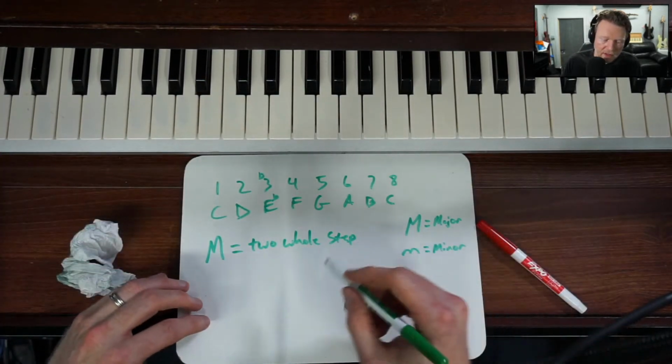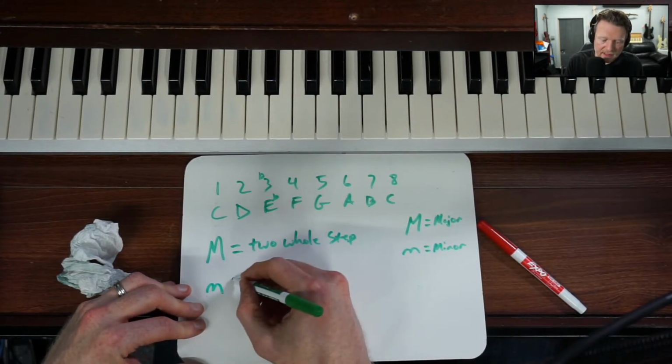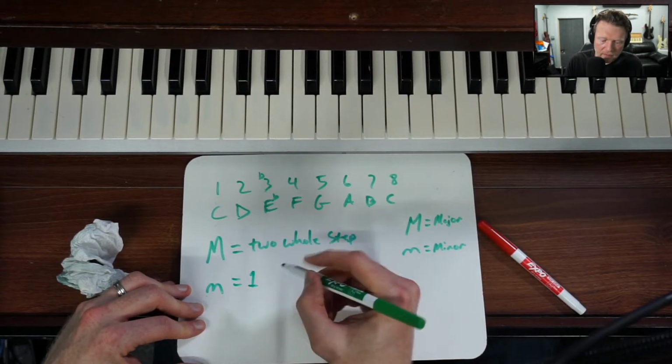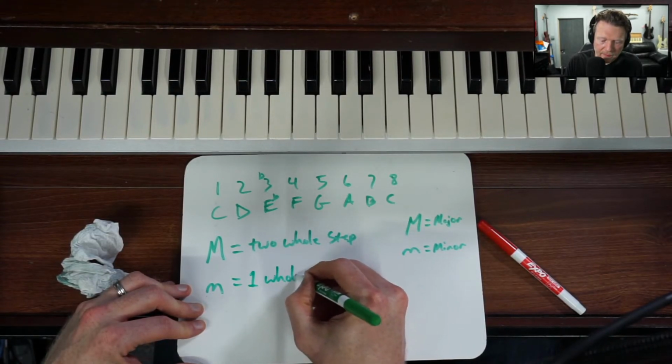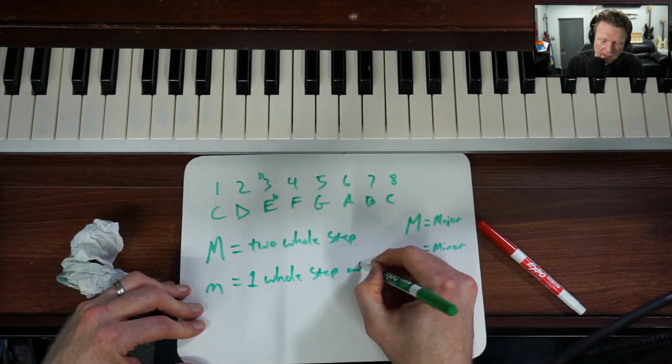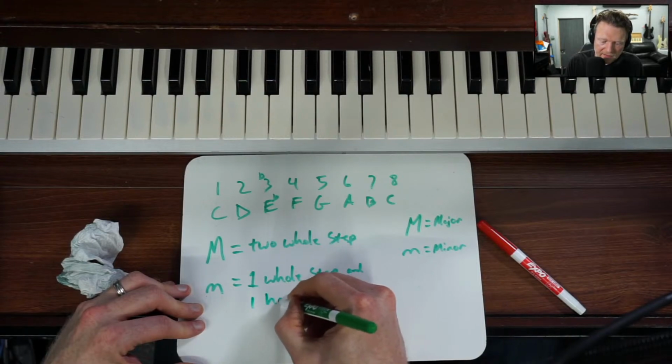Very, very good. So a minor third is equal to 1 whole step and 1 half step.